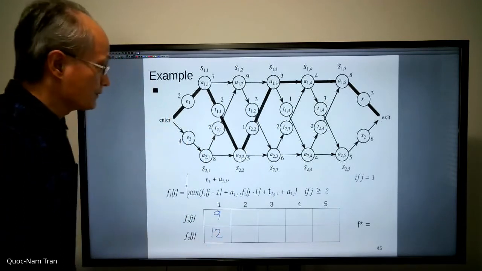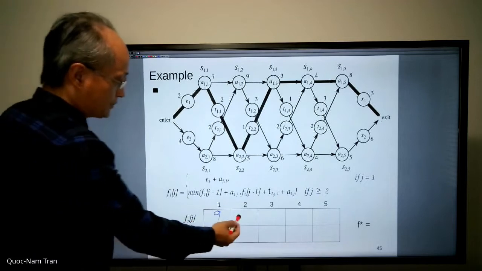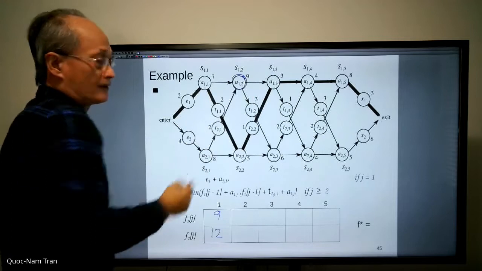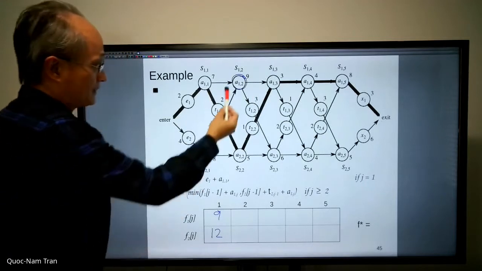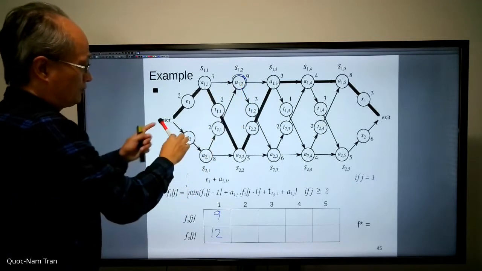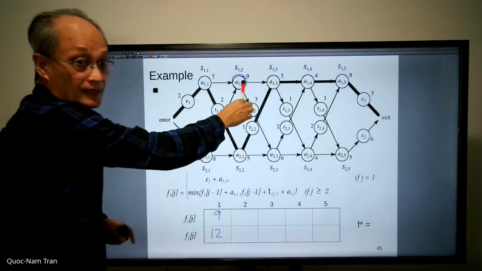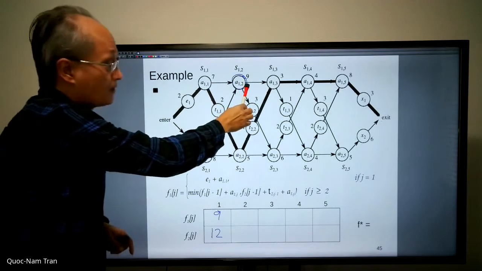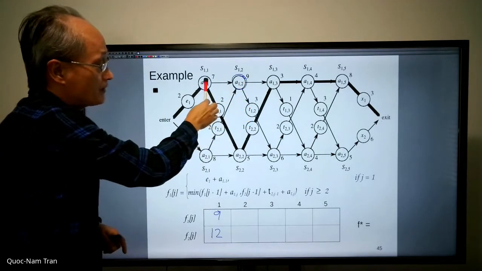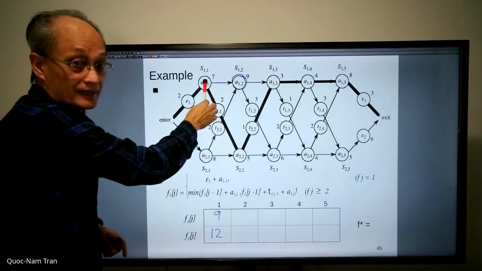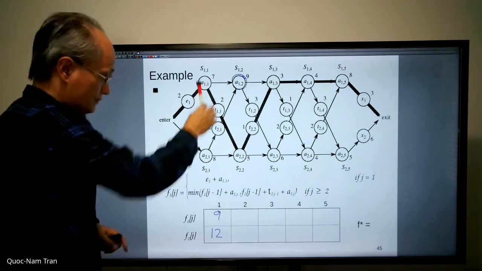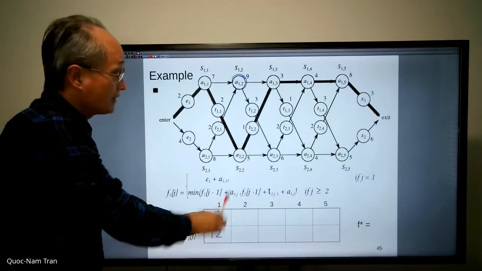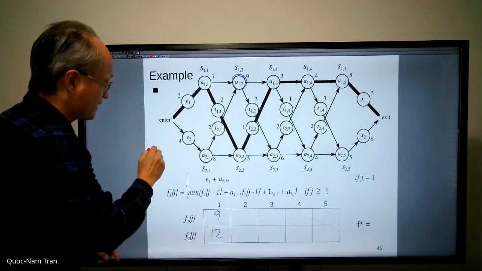Now what is f1,2? What is the minimum cost to go from the entering point to here? Remember that we have to compare between the previous ones. Here f1,1 is 9, plus 9 here is 18.